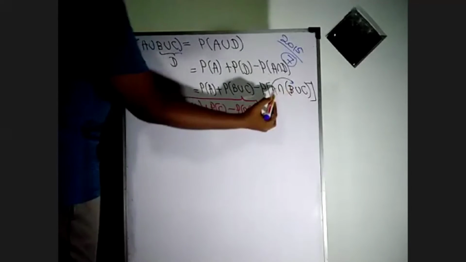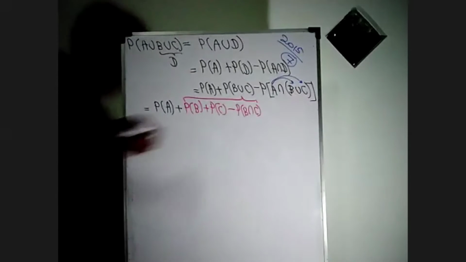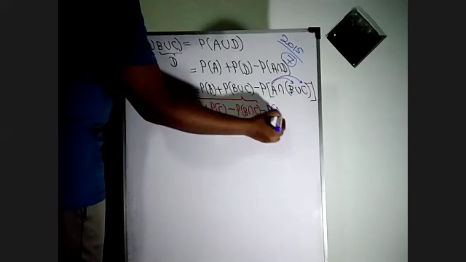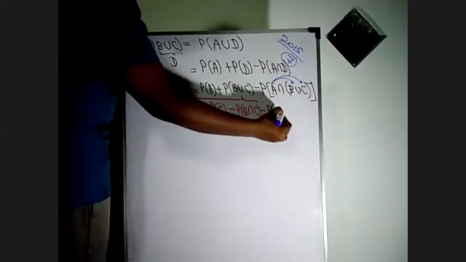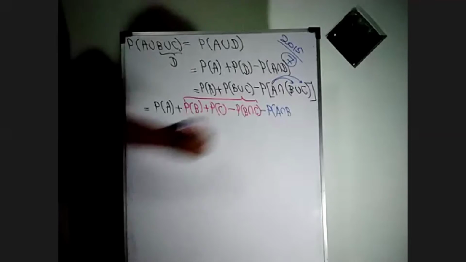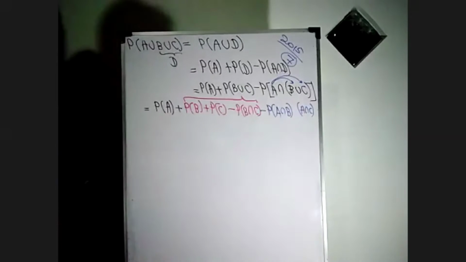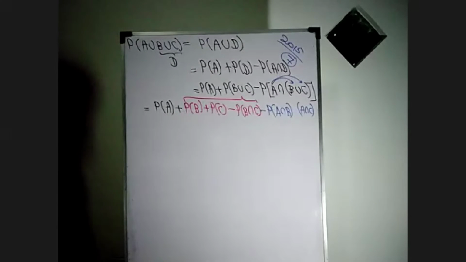A intersect B. Again A intersect C. This is probability of A intersect B. A intersect B, one part. What is the second part? A intersect C. This is the second part.